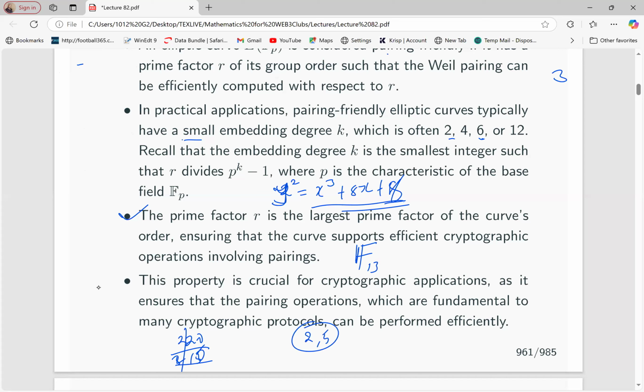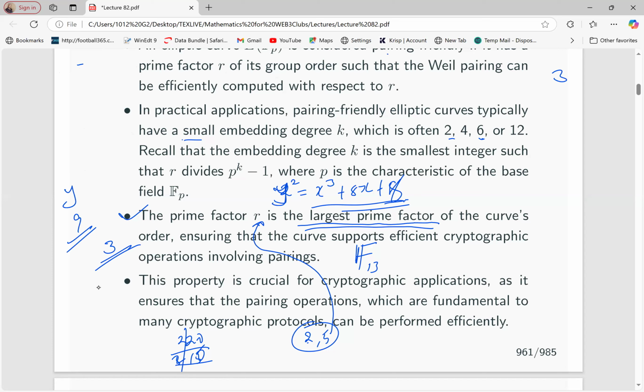So R is supposed to be one of these, but for our purposes, our R is always the largest of all the prime factors. There are cases where the prime divisors will be more than 1. The case we had earlier, where we had 9 points, had only 1 prime factor.